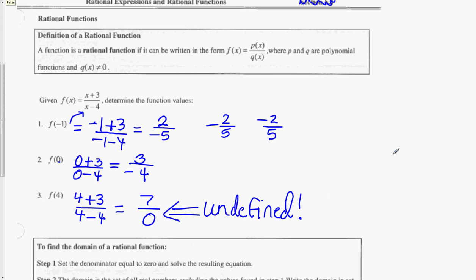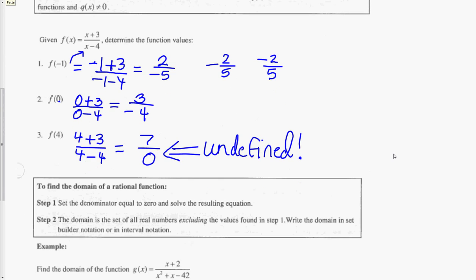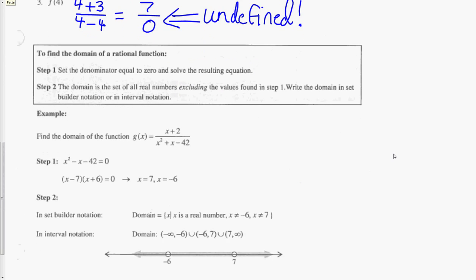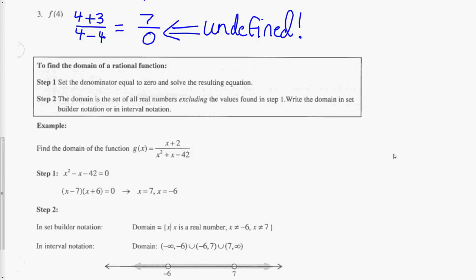Now, that's going to come into play when we do the next steps, finding the domains. When we're finding the domains, we are trying to find the numbers that we are able to use in our rational function. So that means that we're only going to have to look at the denominator, whatever's on the bottom. It doesn't matter what's happening in the numerator, strictly looking at the denominator. And what I need to do is, if it's not factored already, I need to factor it.